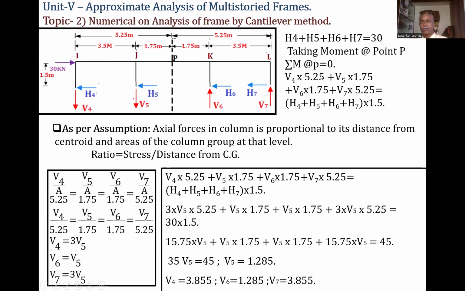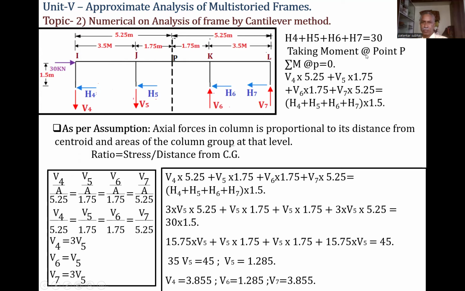So here, instead of considering the node, we have considered H4, H5, H6, H7, that is the horizontal force in the columns. The summation of Fx is equal to 0, we get H4 plus H5 plus H6 plus H7 is equal to 30 kilonewton.